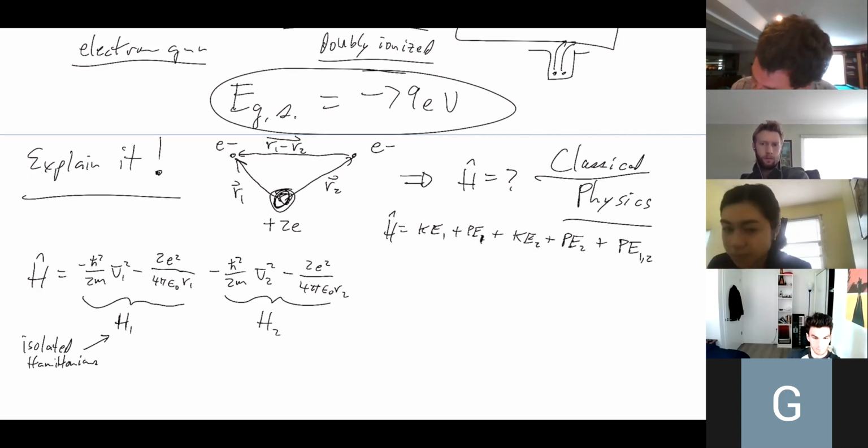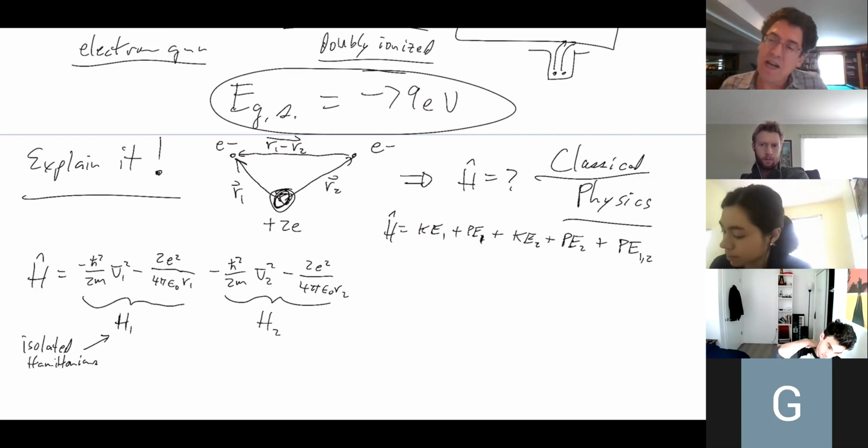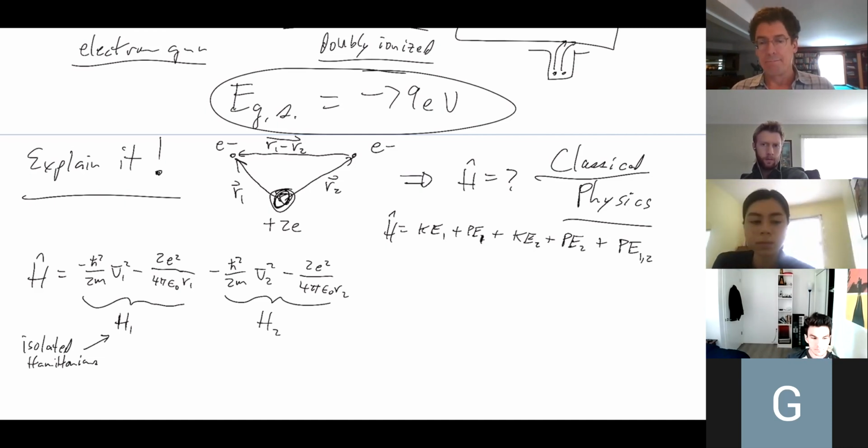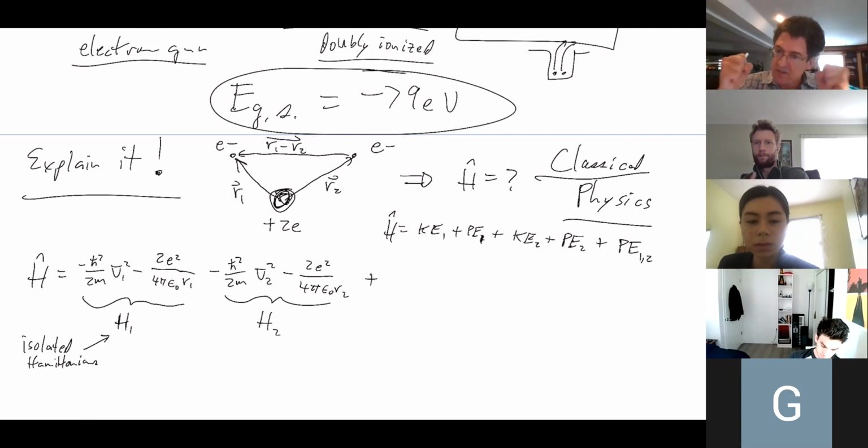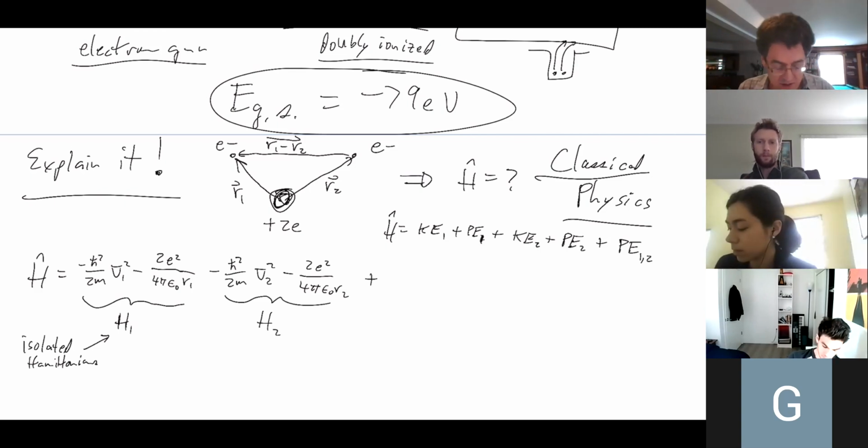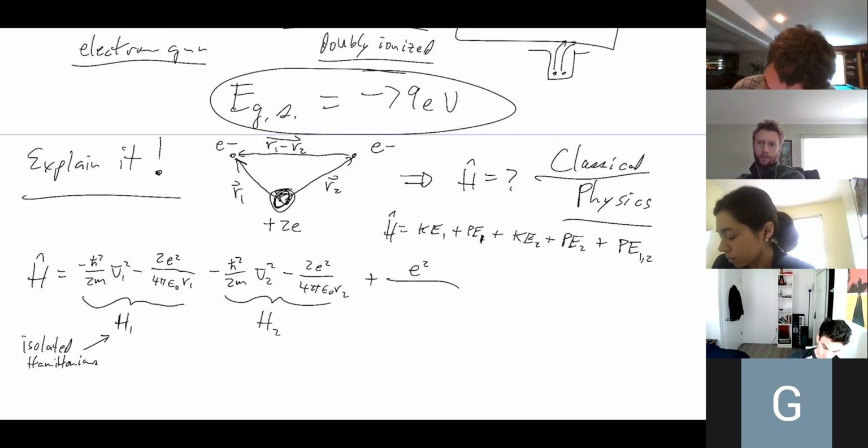And then I have to add the potential energy of particle 1 and 2. Is the potential energy of particle 1 bumping up against particle 2 positive or negative? It's positive. Exactly. Both electrons have negative charge, so negative times negative is positive. Excellent. And so that's going to be e squared over 4 pi epsilon naught times what?